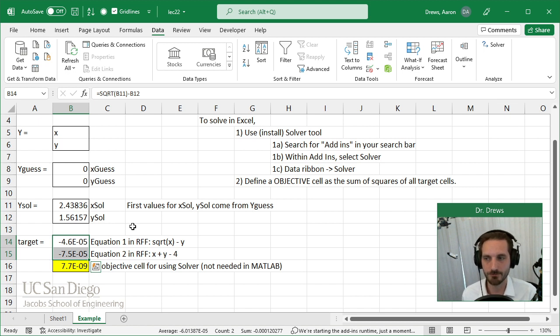The first one is 10 to the minus 5, and the second one is on the order of 10 to the minus 5, maybe 10 to the minus 4, if you wanted to round up a little bit. So it definitely found what I would consider to be a pretty fair solution of this.